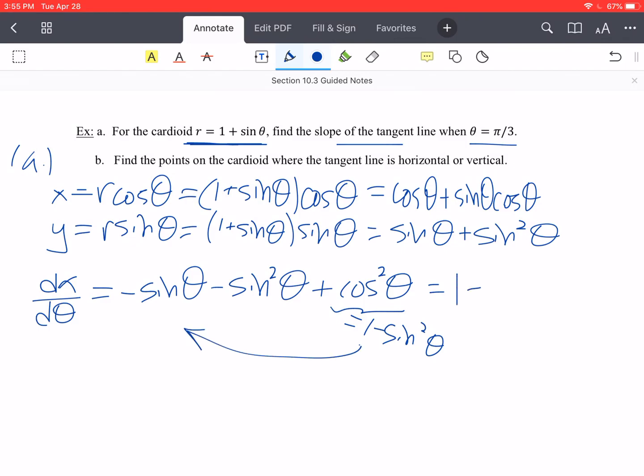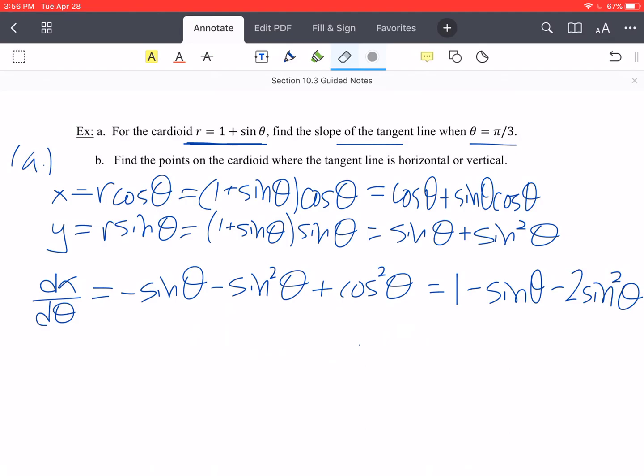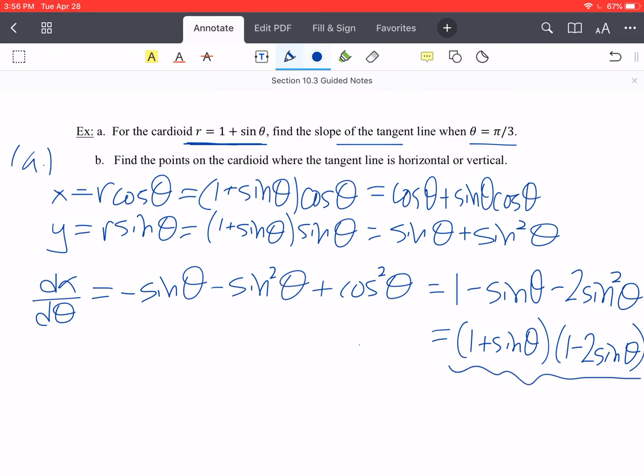That's going to be 1 minus sine theta minus 2 sine squared of theta. Okay, and that is actually factorable. This is factorable as 1 plus sine theta times 1 minus 2 sine theta. So that's dx d theta.